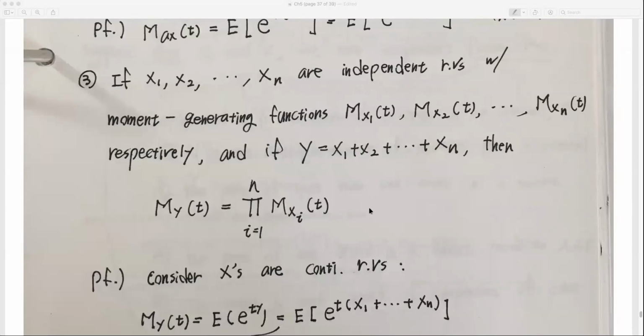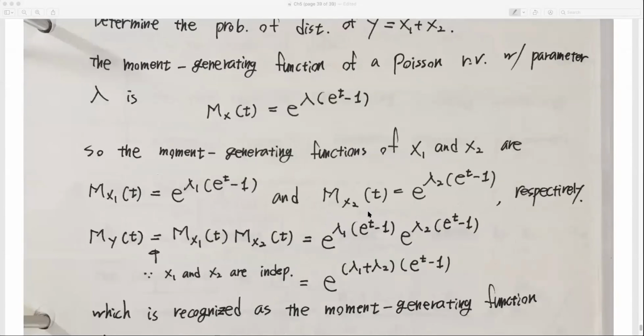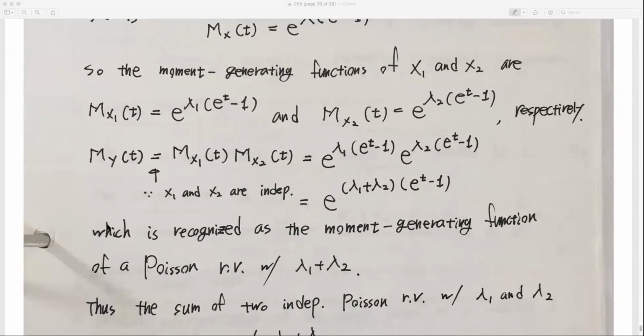So it's going to be the product of M_X1 and M_X2, which means e to the lambda 1 times (e to the t minus 1) times e to the lambda 2 times (e to the t minus 1). We can combine these two exponentials because they have the same base, so we're going to get this.